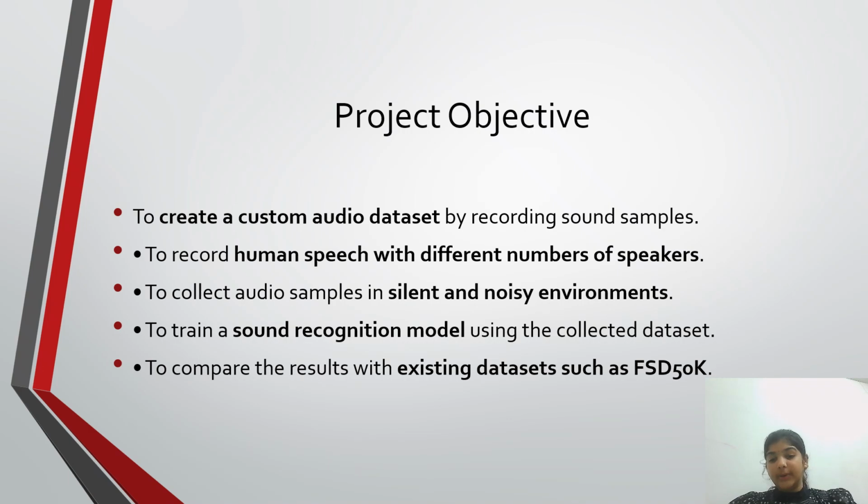Next, we'll collect recordings under different environmental conditions, including both silent and noisy, for real-world conditions. After collecting the data, we'll process the recordings and use them to train a sound recognition model. Finally, the results obtained from our dataset will be compared with the results from the FSD50K dataset to evaluate its performance.